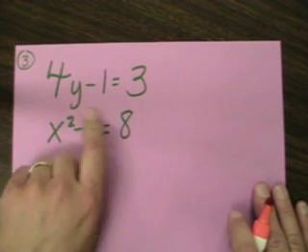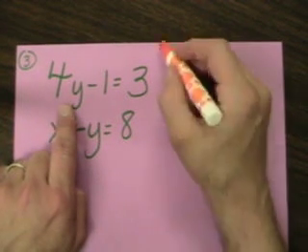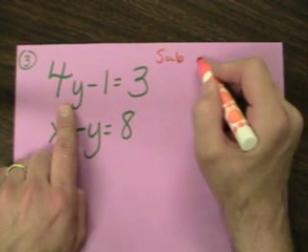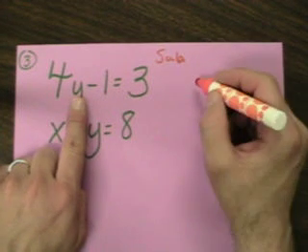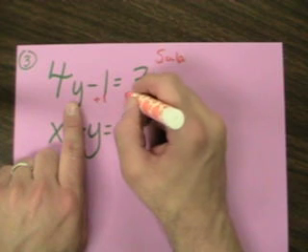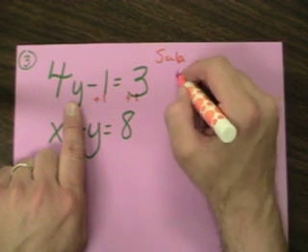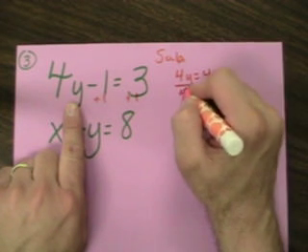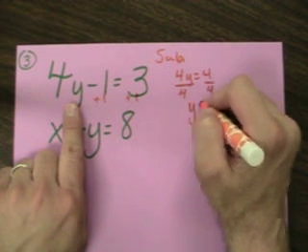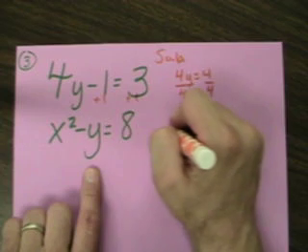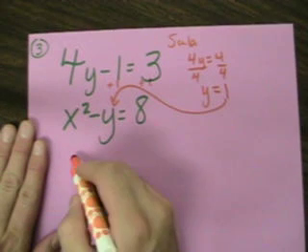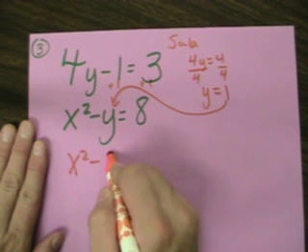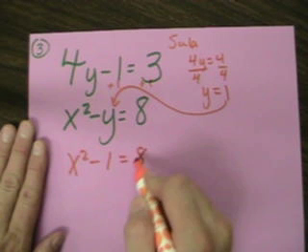And so I can solve this one for y. So this is going to be a substitution one. So let's see if we solve that. Add 1. We'll get 4y equals 4. Divide by 4, divide by 4. We'll get y equals 1. Now we'll substitute that 1 in here. X squared minus 1 equals 8.